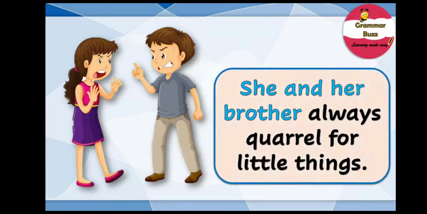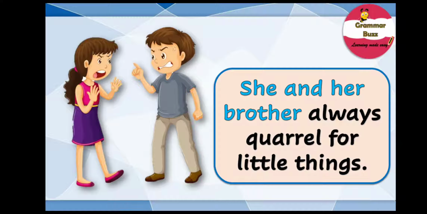So, what about this one? It's the picture of a girl and boy quarreling. Let's make a sentence with it. Let's say our sentence is, she and her brother always quarrel for little things. If I ask, what is quarreling? Do I have an answer? Of course not. But if I ask, who is quarreling? Certainly I do.